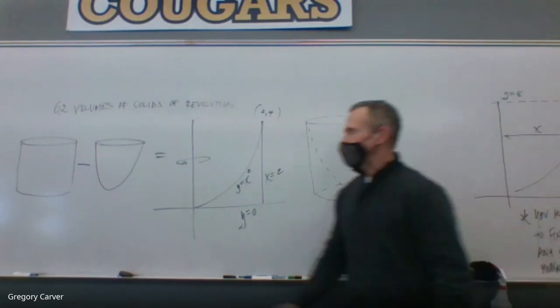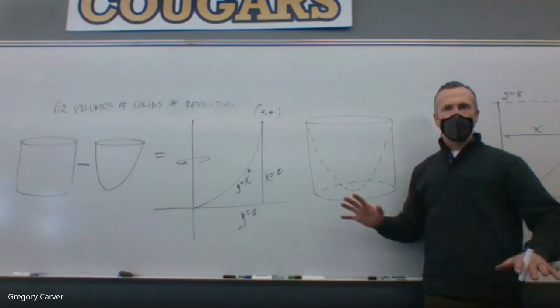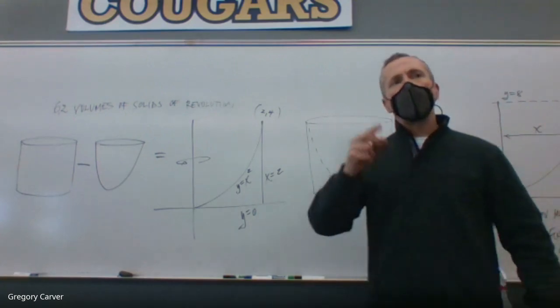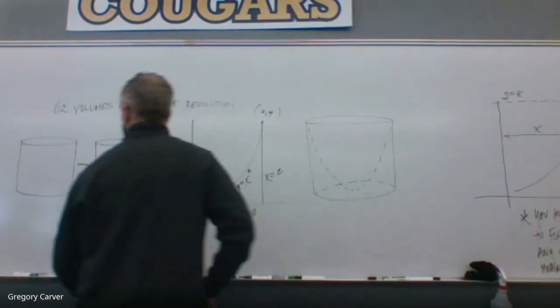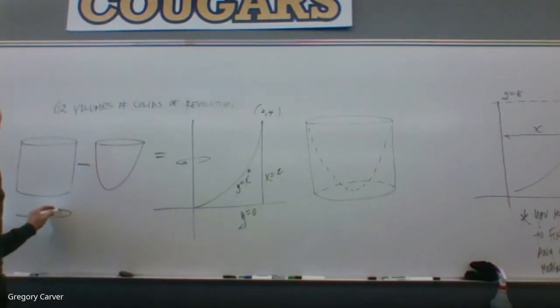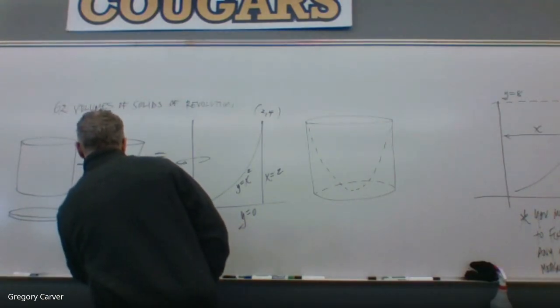Let me say this again. Start with this, take this out, you're left with this. So everyone see what's going on here. From a disk perspective, do you guys agree? You're going to start with the solid disk. You're going to subtract out the inner disk.